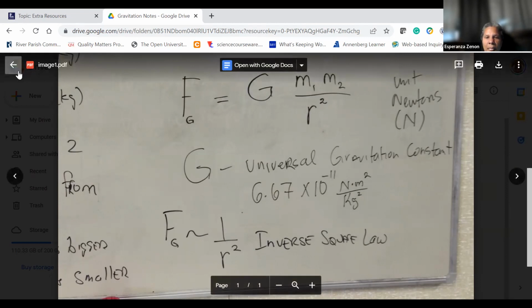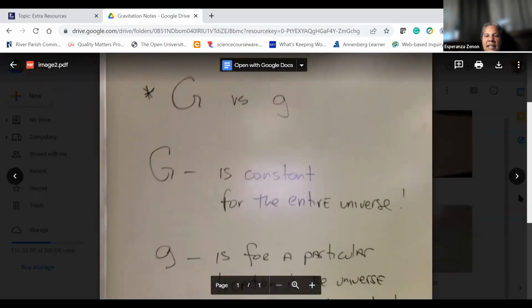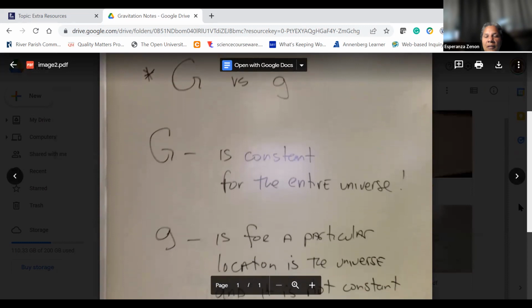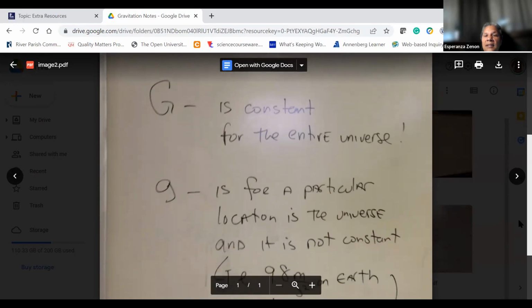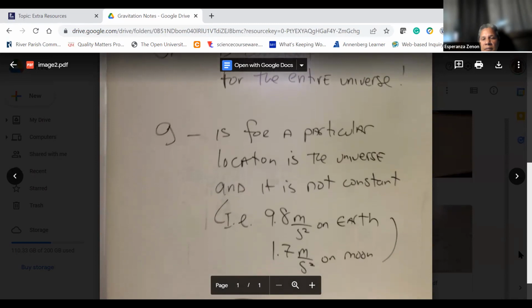Okay. All right. So now, what's the difference between this big G and little g? That's important, right? Because we're saying that big G is like this constant that deals with gravity, and little g is this important thing related to gravity as well that we've looked at. So what you have to remember, though, is that big G is a constant. It is the same throughout the entire universe, whereas little g is for a particular location.